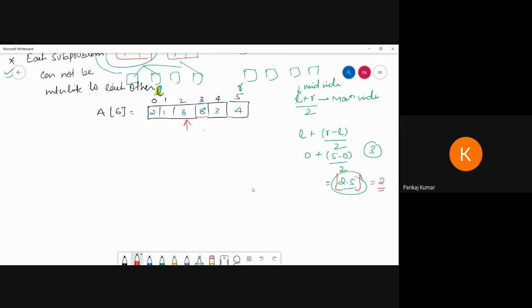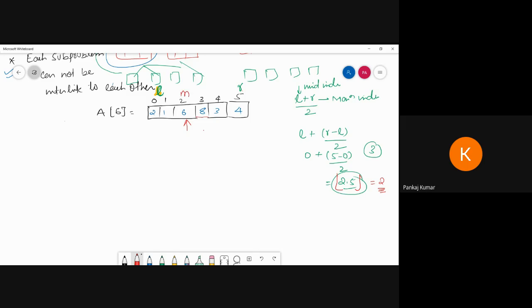Okay, so now we take 2 as the mid value. The starting index is L, the last index is R, and I am taking the mid element M.